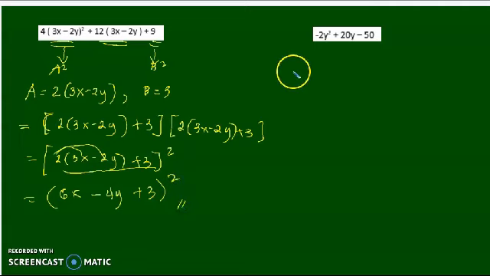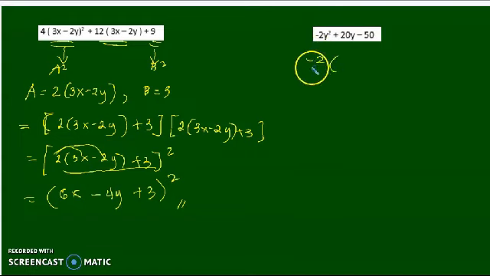Okay, another one. Negative 2y squared plus 20y minus 50. Is this a perfect square trinomial? Definitely no. It's because negative 2 and negative 50 are not perfect squares. So first thing, factor out the GCF, or factor out negative 2.